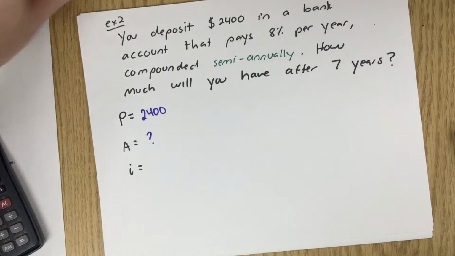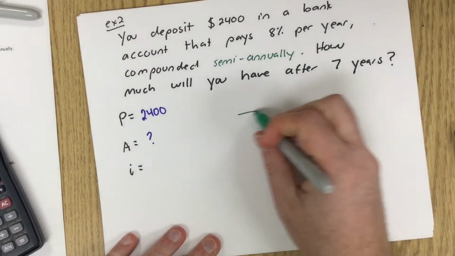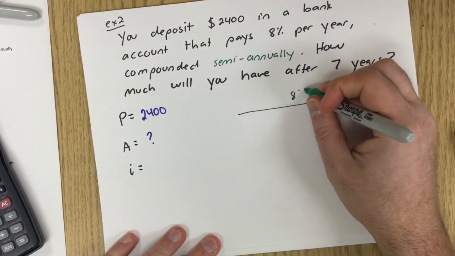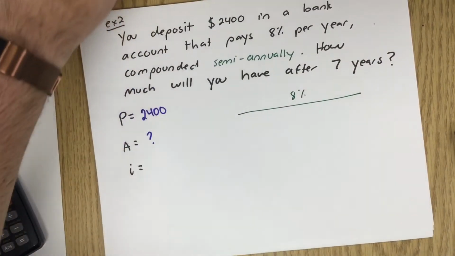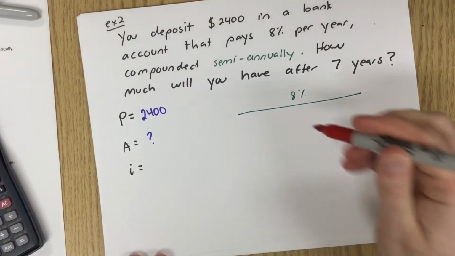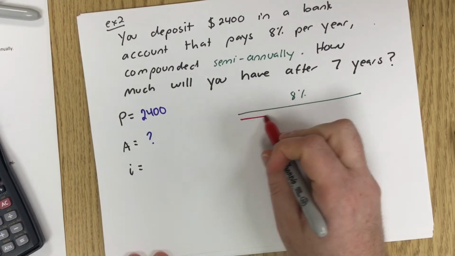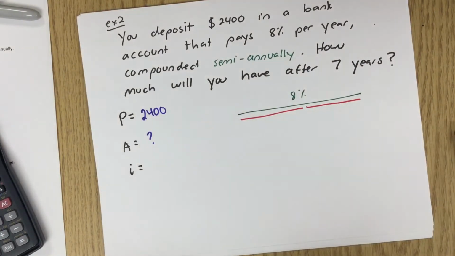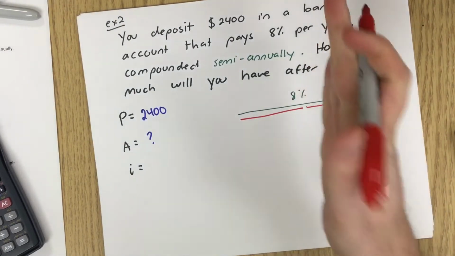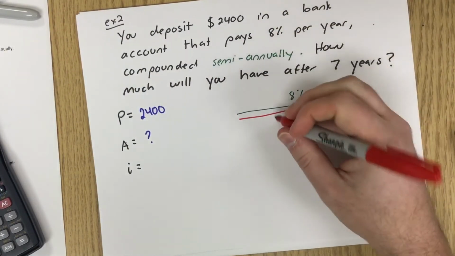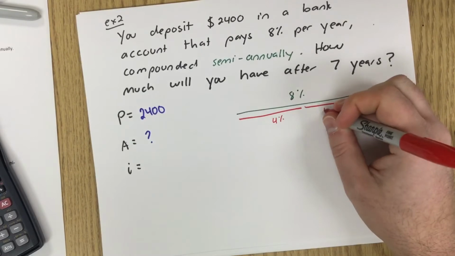Now the way we're going to think of that is, in the whole year, we're going to be paying 8%. But now we're compounding it semi-annually, so twice a year. Let's assume those are equal. So how do we divide up 8% over each compounding period? It would be 4% each.